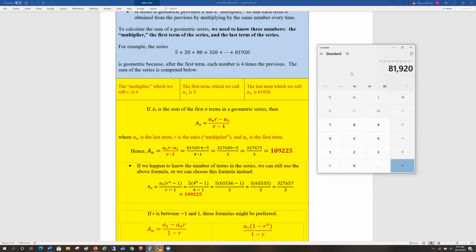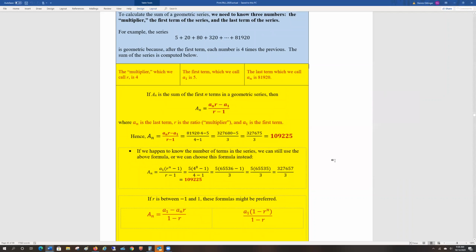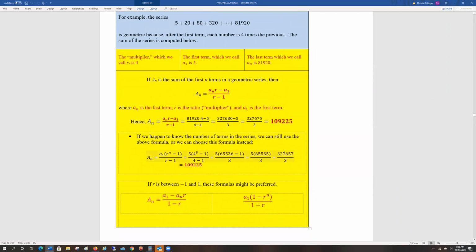Geometric series is an example of what you may hear in the news, things happening exponentially. And that's because of something I will show you here shortly. It turns out that sometimes we're going to have a multiplier that's between -1 and 1, like maybe 1/2 or 2/3.